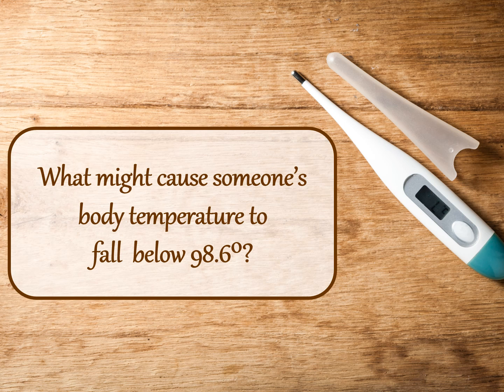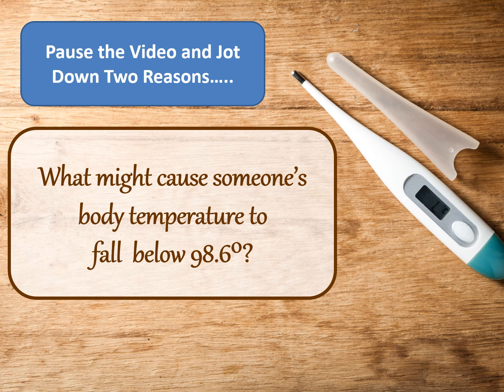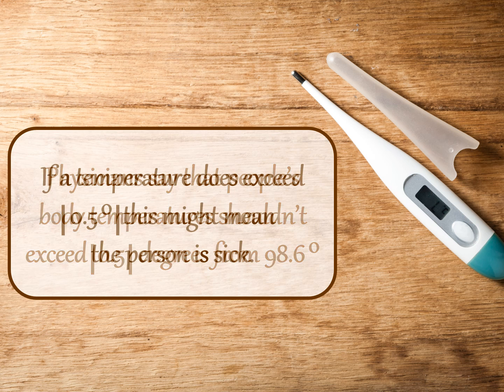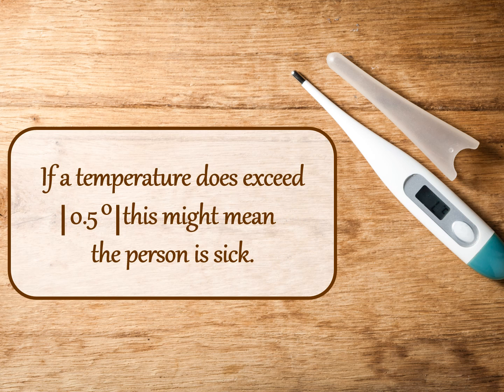What might cause someone's body temperature to fall below 98.6 degrees? Physicians say that people's body temperatures shouldn't exceed the absolute value of 5/10 of a degree from 98.6. If a temperature does exceed the absolute value of 1/2 of a degree, this might mean the person is sick.